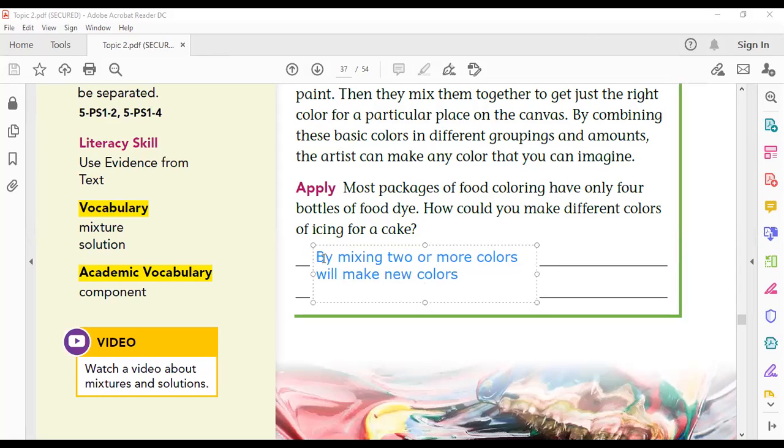Okay, this is the answer. By mixing two or more colors, we will make new colors.